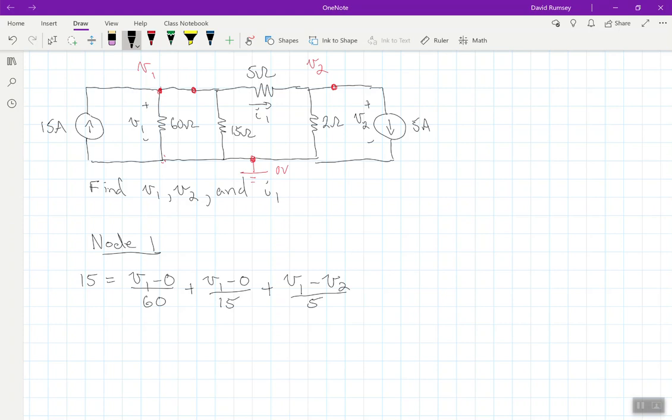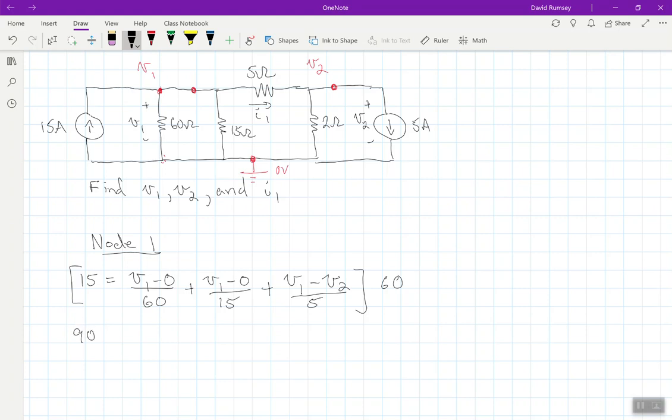Before I do that, let's do some algebraic manipulation to clean this equation up. By clean it up, I mean let's get rid of the fractions, which I always find useful. So I'm going to multiply through by 60. First off, 60 times 15, let me pull out my calculator to make sure I do that arithmetic correctly, is 900.